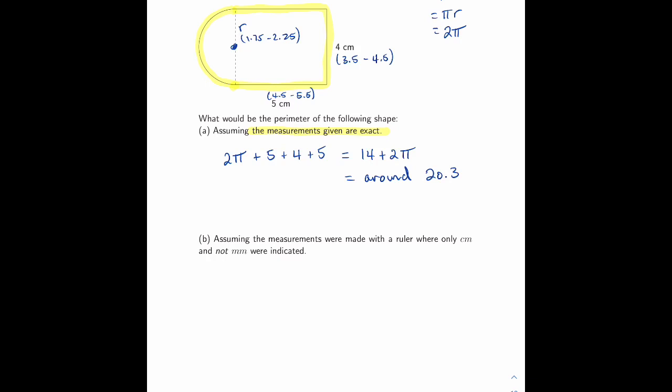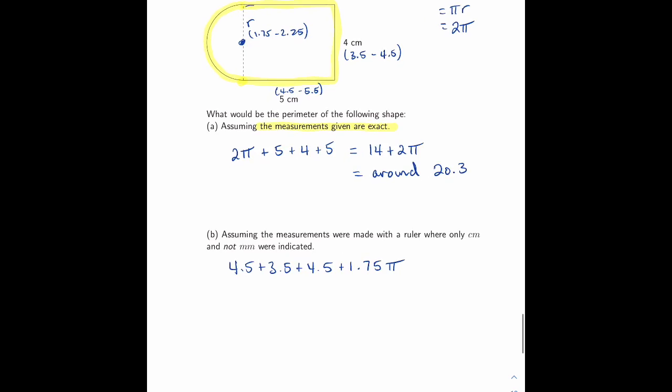Well, it could be from as small as 4.5 plus 3.5 plus 4.5 plus 1.75 pi, to as large as 5.5 plus 4.5 plus 5.5 plus 2.25 pi.